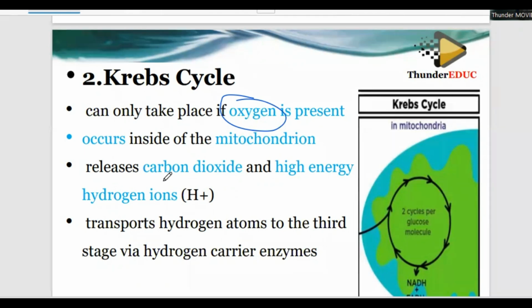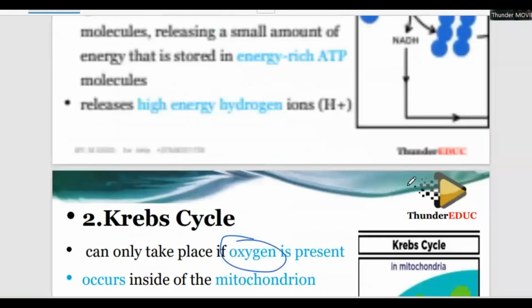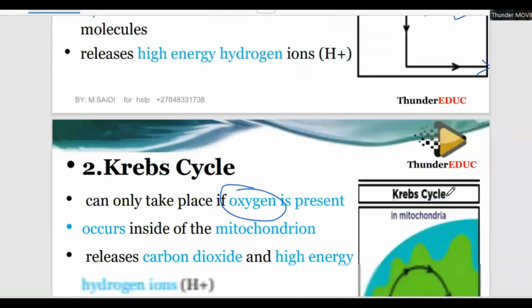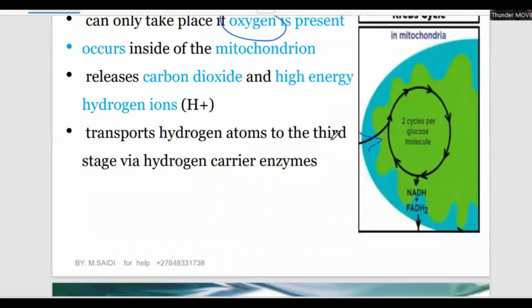It releases carbon dioxide. It means that now the pyruvate enters here. Don't forget, here is the pyruvate which comes in. When it enters here, it undergoes cycles. These two molecules undergo the cycle one by one.